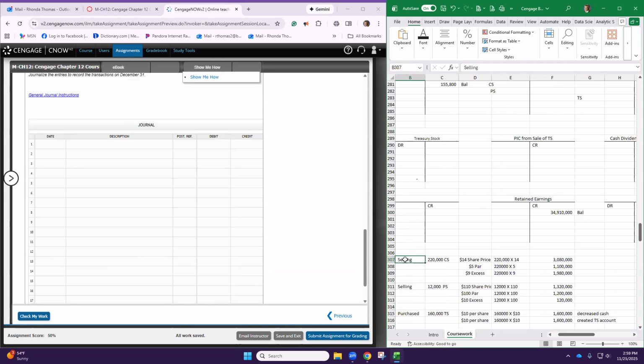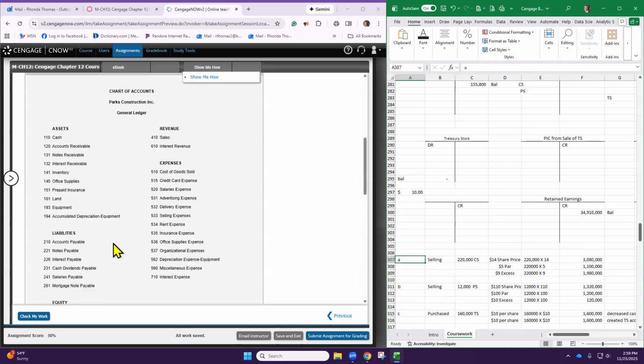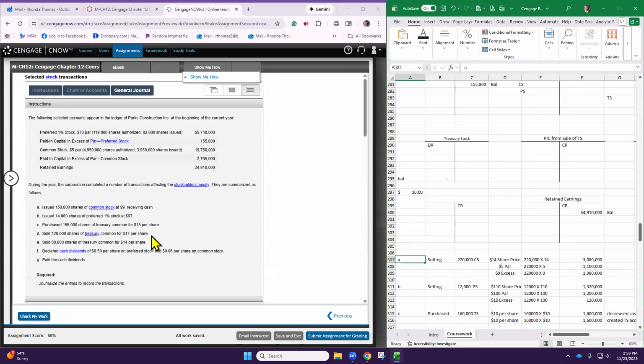Okay, so let's go with selling. Let's see if we can calculate things that we need to here. So this is going to be A, and we're going to sell 150,000 shares of common stock. The selling price is $9 a share.